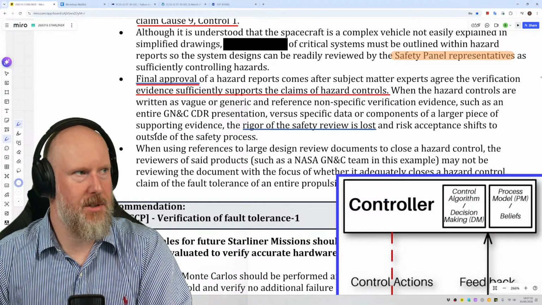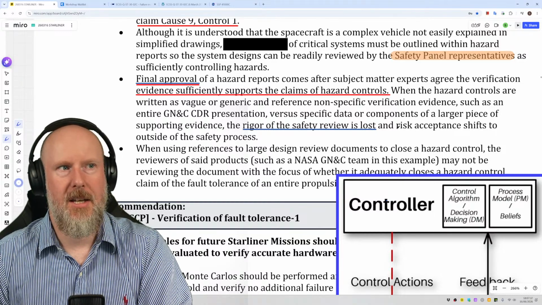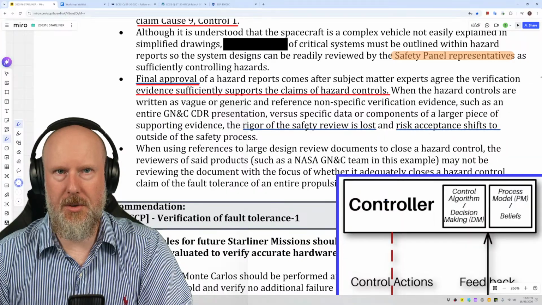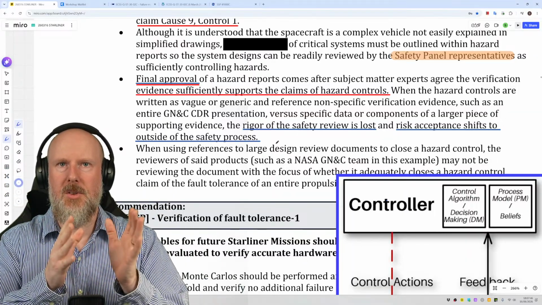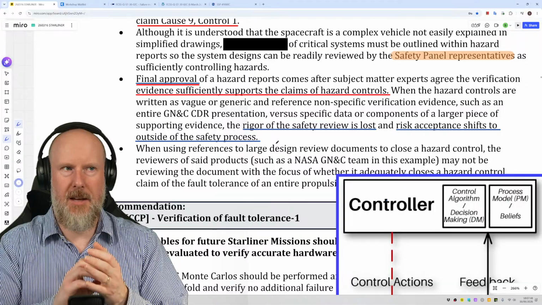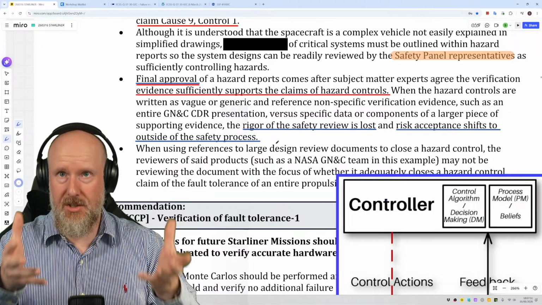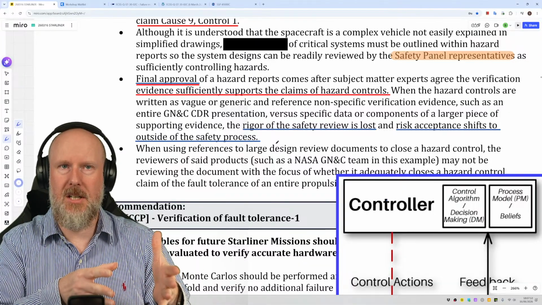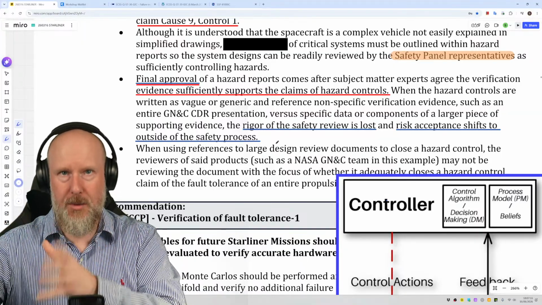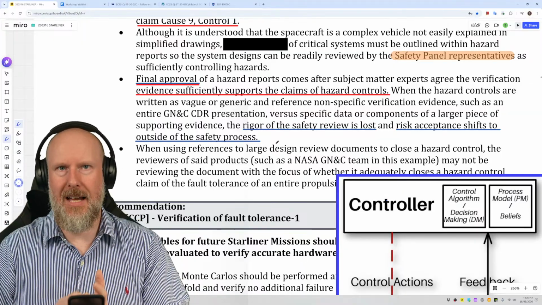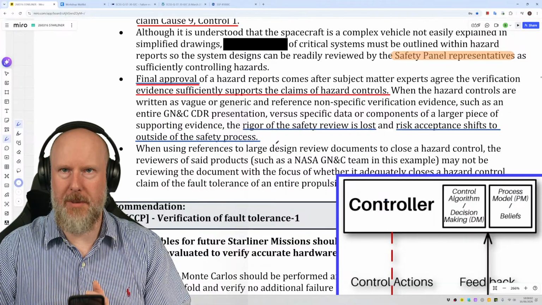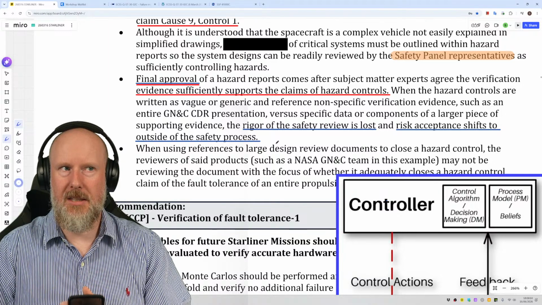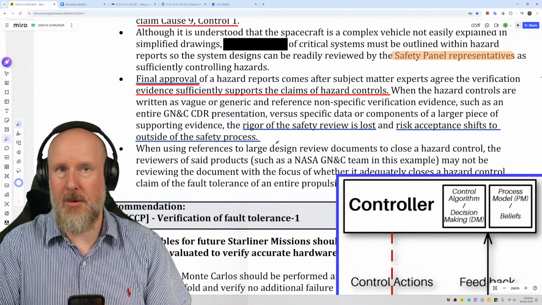Yes, risk acceptance shifts to outside of the safety process. Well, it's when it says that. There's a bit of smoke and mirrors here. There's a bit of subtlety to be mindful of. The real risk acceptance, as written in the procedures and processes, is what matters. But the reality of how the control structure actually implements that is very different. And so the people that should have the roles and responsibility for accepting these things, they don't actually, that's not how it works.